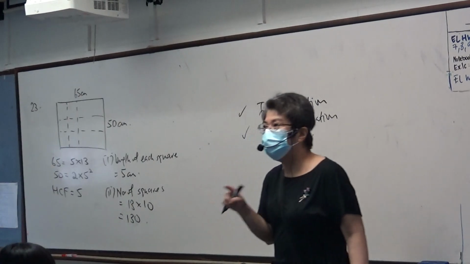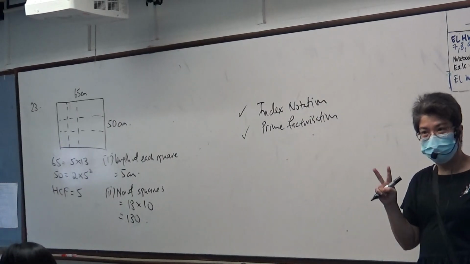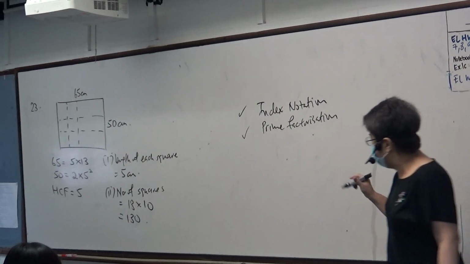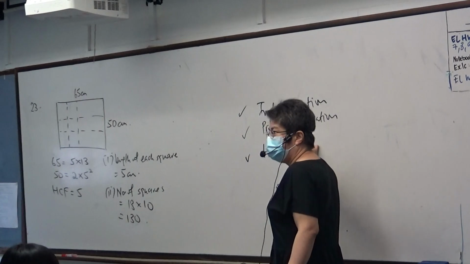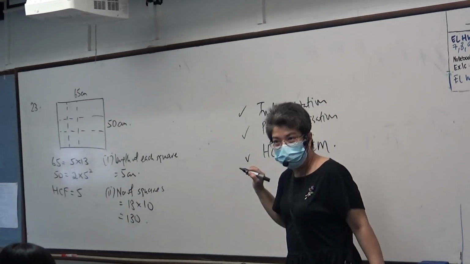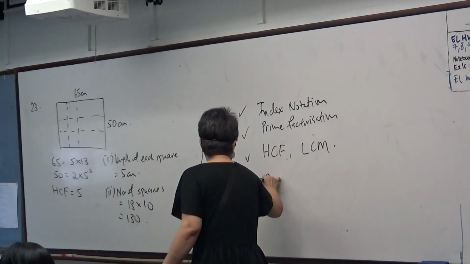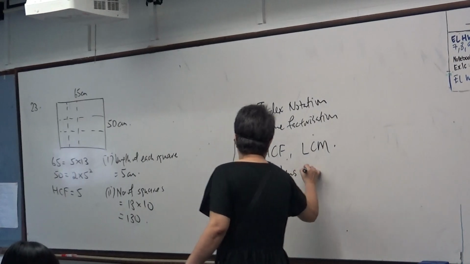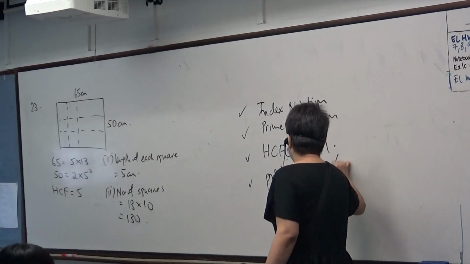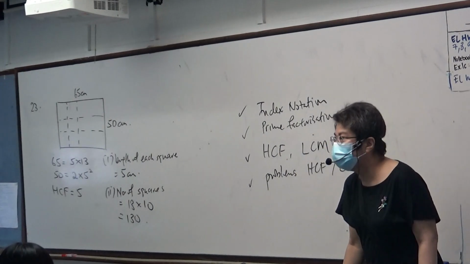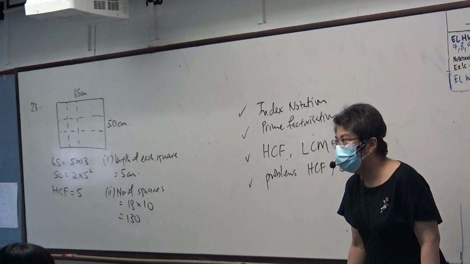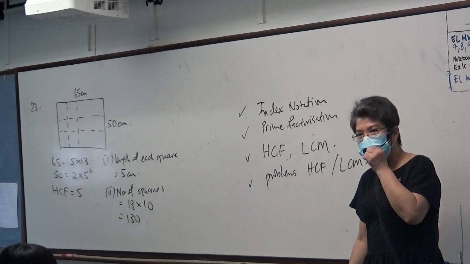What is the smallest prime number? 2. Understand? Then we know how to find highest common factor and lowest common multiple, and also how to do problems involving highest common factor and lowest common multiple. Can or cannot? Cannot. Okay.